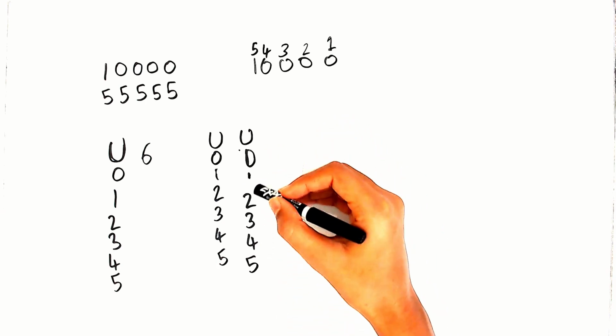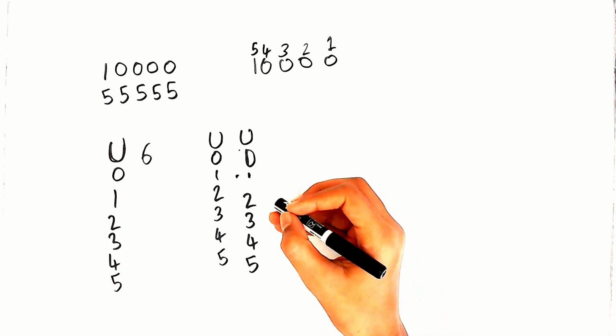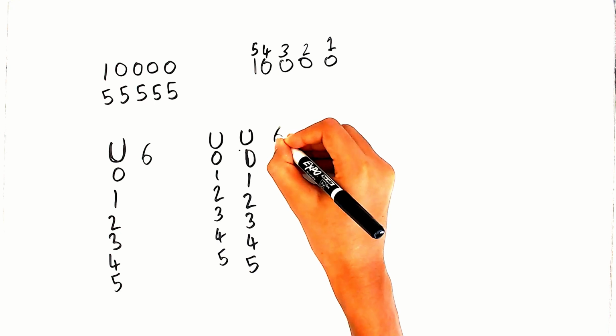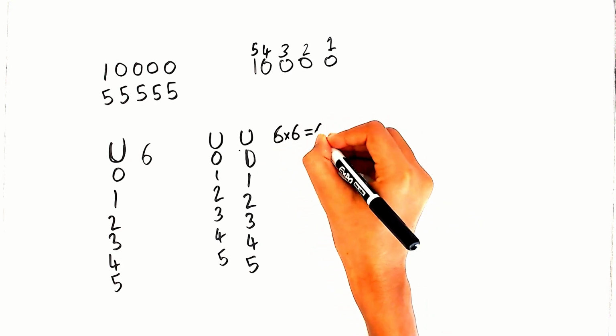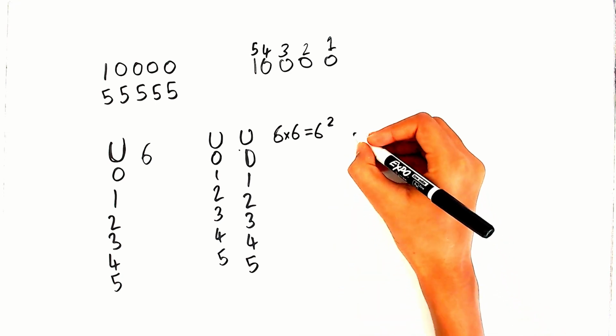So there are 6 of these numbers, right? And there are also 6 of these. So if each of these repeats 6 times, it would be 6 times 6, which we can write as 6 squared.